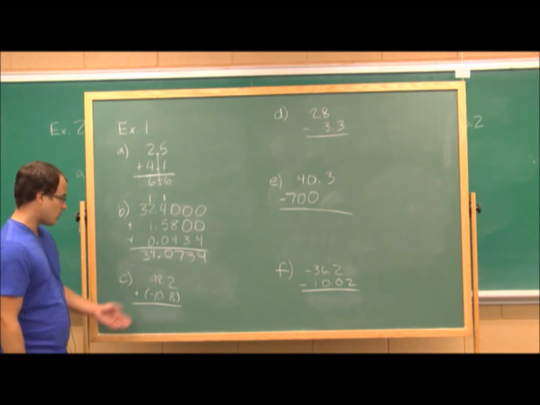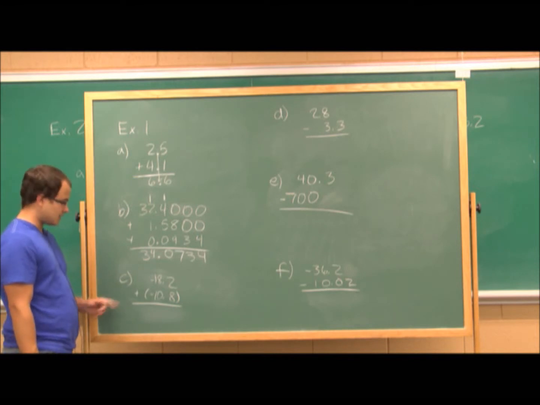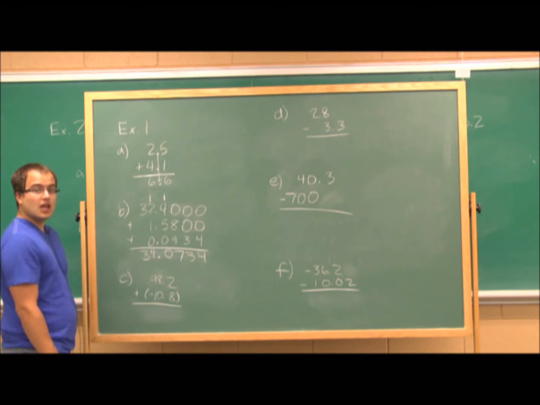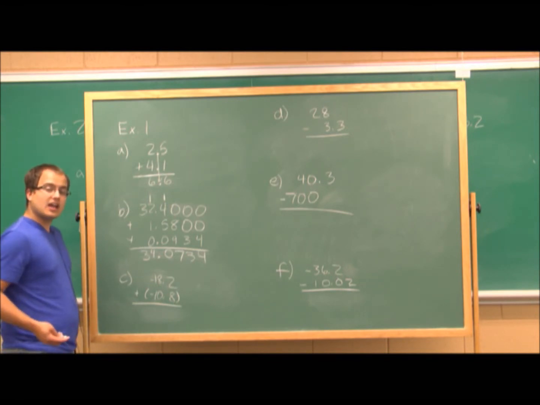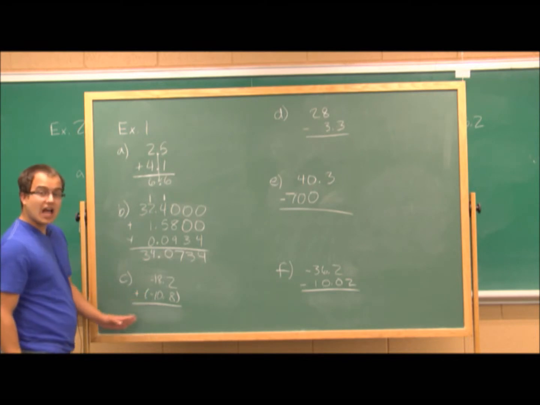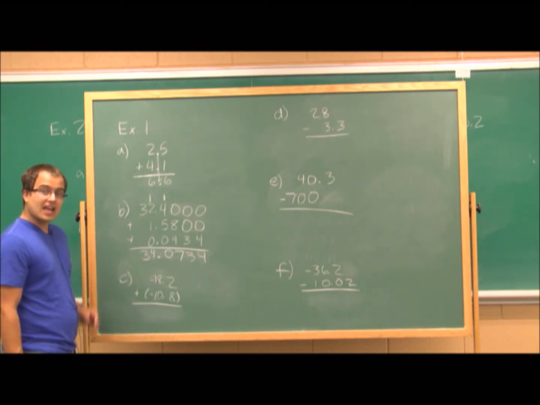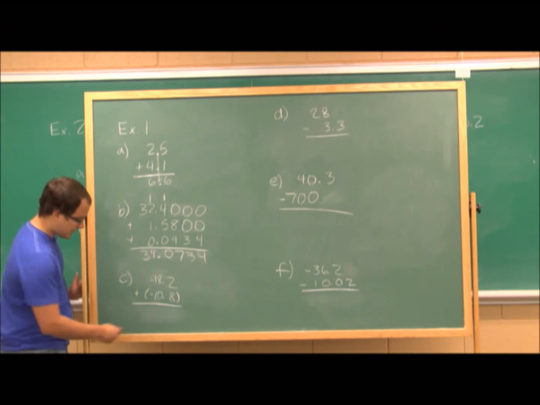Now on to part C. We have negative 18 and 2/10 plus negative 10 and 8/10. They have the same number of decimal places, so I don't have to add any zeros. And as with our rules with adding integers, if they have the same sign, you just add them and keep the same sign. Well, both these numbers are negative, so I know my final answer is going to be negative.